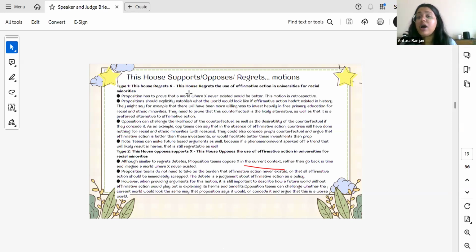So there are a few compulsory burdens on side government in a this house regrets motion. And if you don't fulfill these burdens, then the debate on your side is lacking, right? What are these burdens? Firstly, if this thing had never happened historically, the status quo, the current society we live in, would be better off.